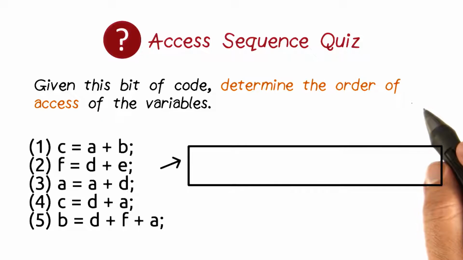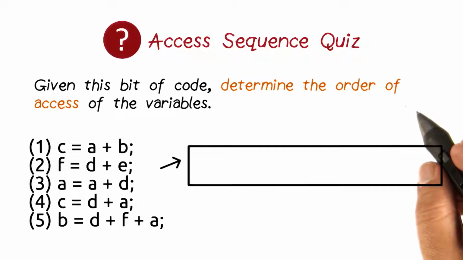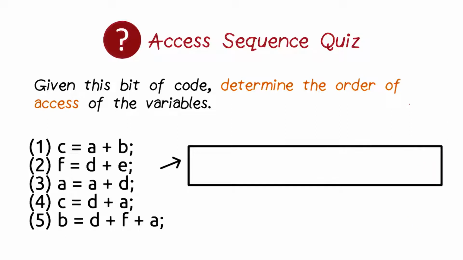So what I'm asking you to do is fill in the access sequence here for this code sequence. So the way it reads is, given this bit of code, determine the order of accesses of the variables. You have the code excerpt on the left hand side, with your knowledge of which variable will be accessed and in what order they will be accessed. Please fill in the access sequence in the box on the right hand side. Please go ahead and write your answers now.